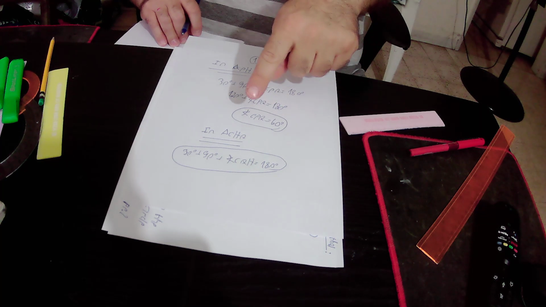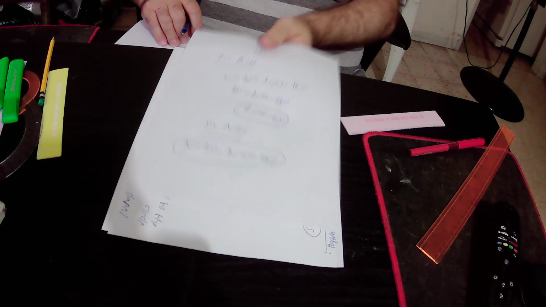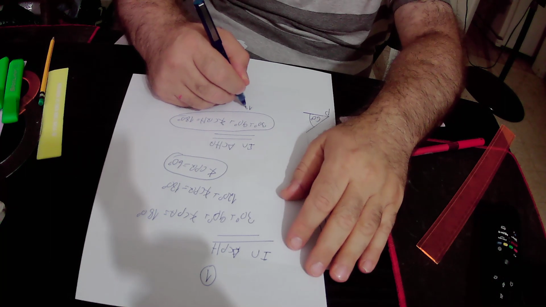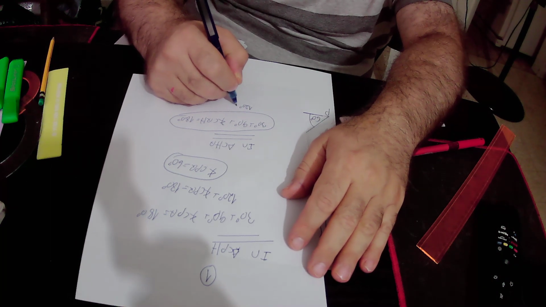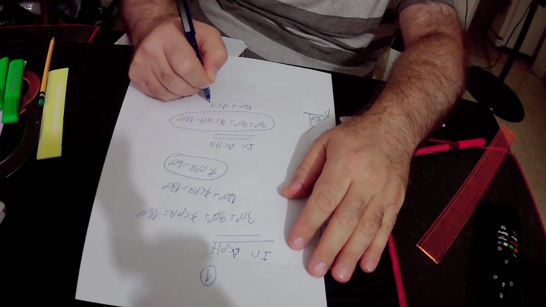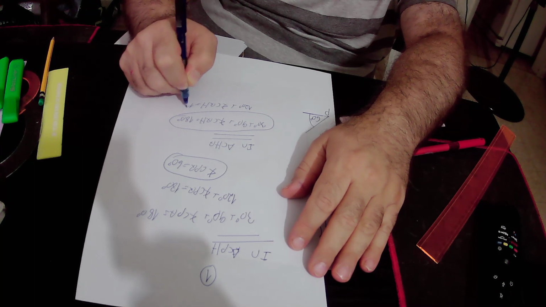Here 30 degrees plus 90 degrees is 120 degrees. 120 degrees plus the size of angle CQH must be equal to 180 degrees.